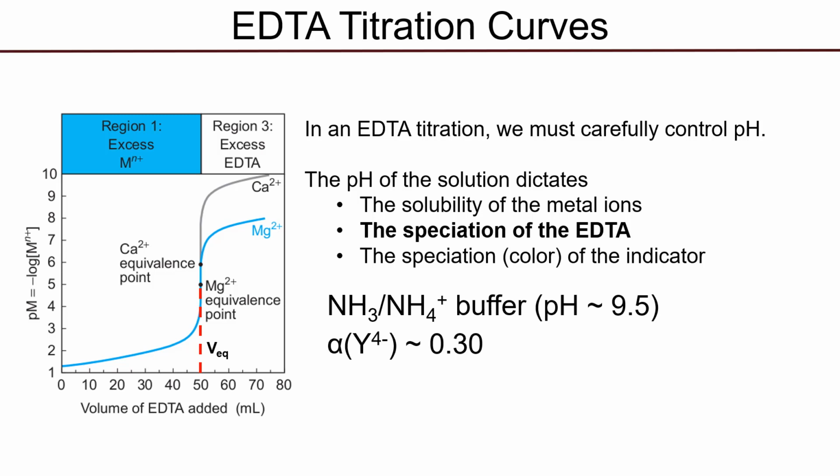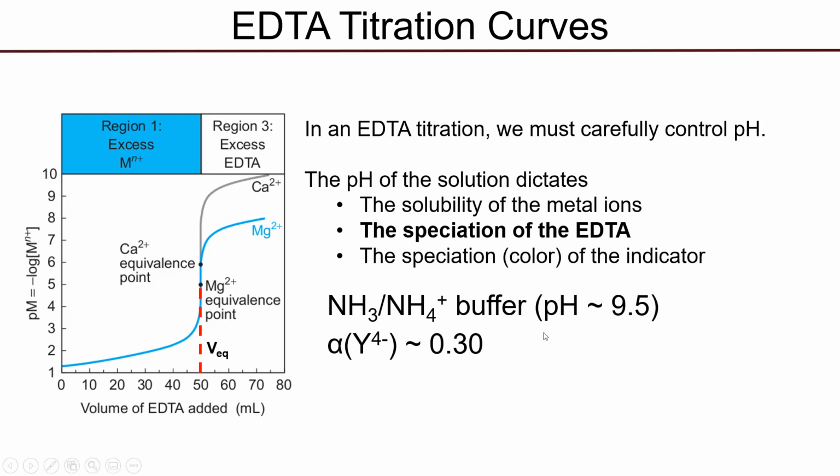This is where we use the conditional formation constant, because we know now how to make a quantitative projection as to how strongly the EDTA is going to bind the metal cation at a specific pH. So for instance, it's not until about a pH of 9 that Y4- truly becomes the most common species of EDTA in an aqueous solution. At pH 9, the alpha Y4- value is 0.30. At pH 10, it's higher still.